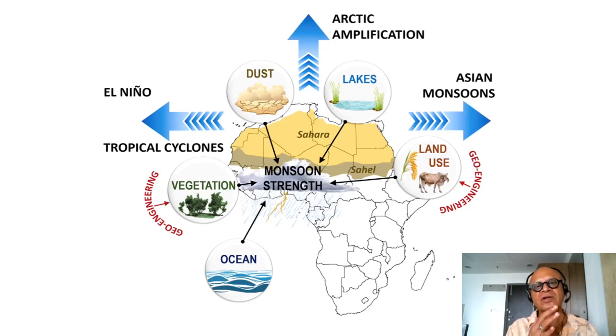So there are issues of dust which also affect the monsoon dynamics directly through solar dimming and so on at low frequencies, and also at high frequencies by affecting cloud microphysics. So there are direct and indirect impacts of dust, and of course lakes, especially now with irrigation in some regions of India, for example, local sources of moisture can be important in terms of the progression of monsoons during the season.